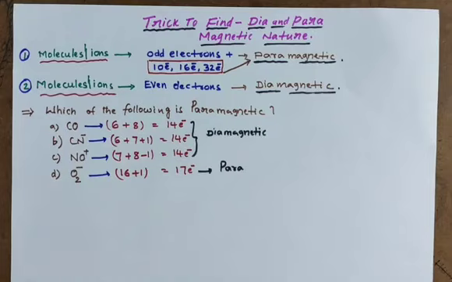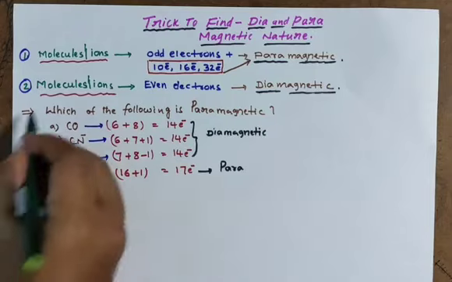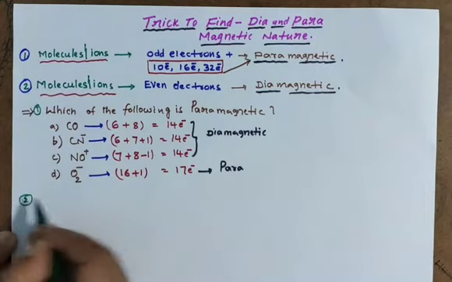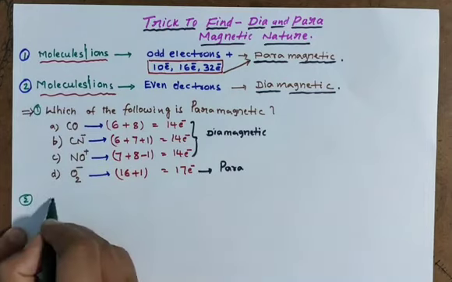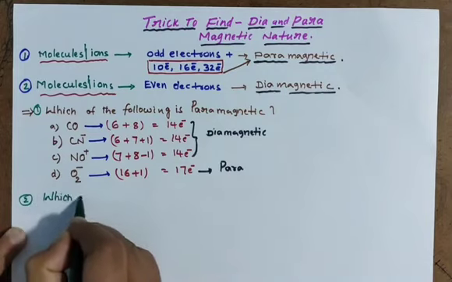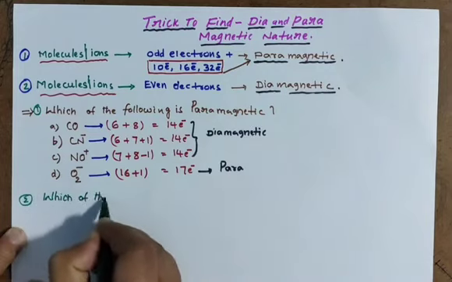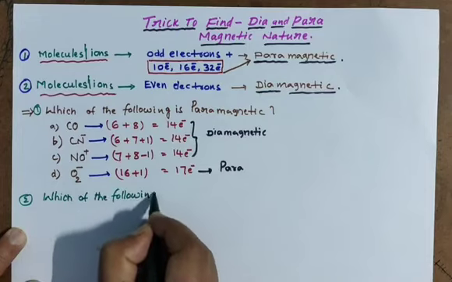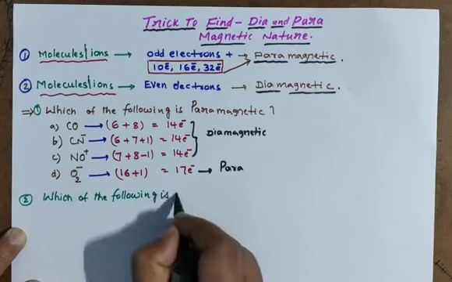Let me give one more question, question number 2, and they are asking like this: which of the following is not paramagnetic?